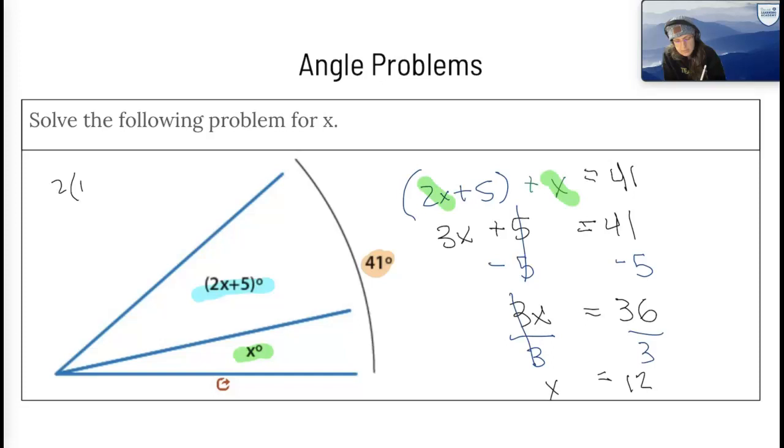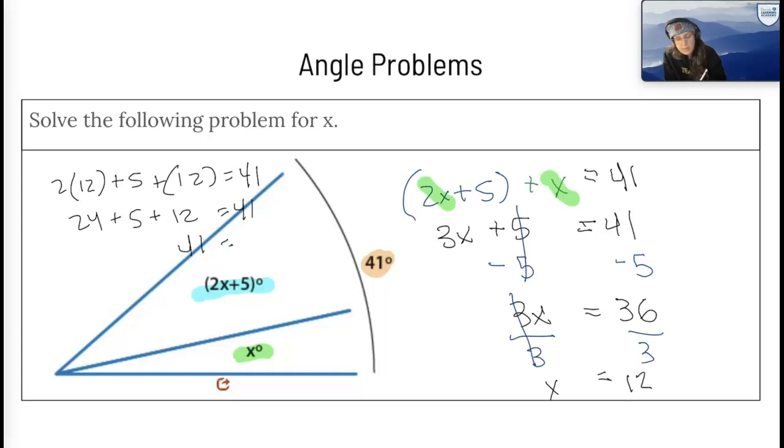I'm going to substitute my 12 for x: 2 times 12 plus 5 plus 12 is equal to 41. Is it? 2 times 12 is 24, plus 5 is 29, plus 12 is 41.